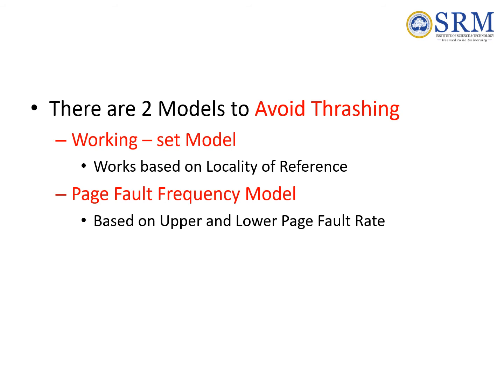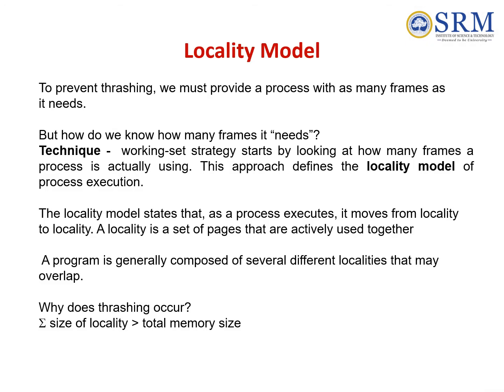We will see the locality of reference in the next slides. The page fault frequency model will try to identify the number of page faults. Based on that page fault rate, we will see whether to increase the number of frames or release the frames. Now we will discuss the locality before entering into the working set.